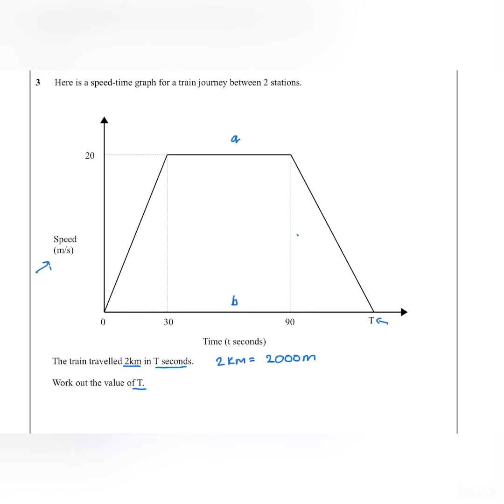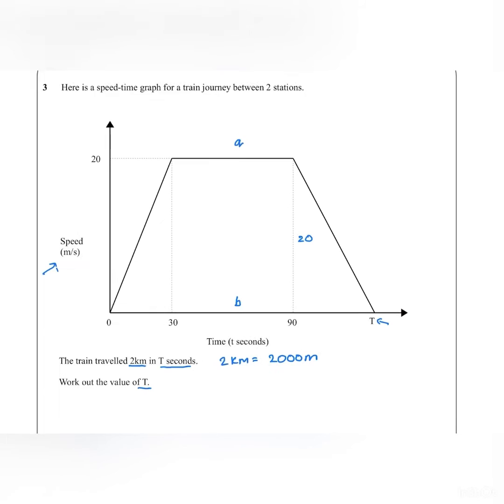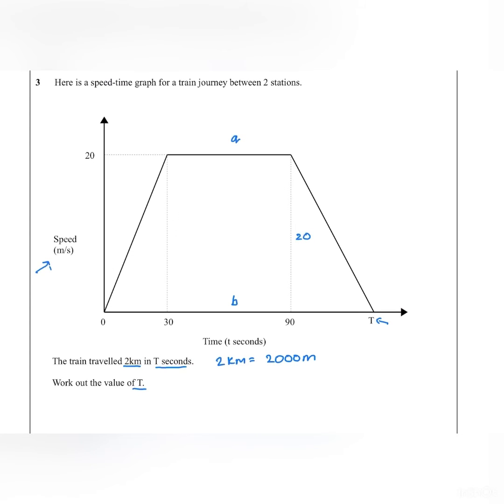We got 20 on this side here. Now the formula for the trapezium is area equals half A plus B times by the height. So the only thing missing is B, and if we can find out what B is, we should be able to find this distance from there to there and the value of t.